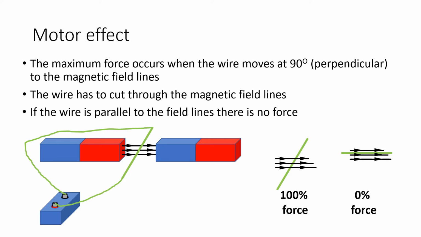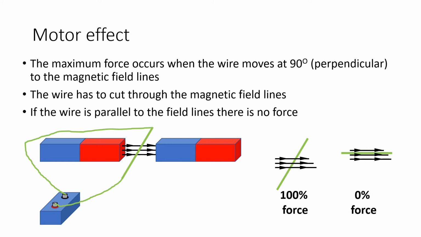If we have the magnetic field lines and the direction that the current is traveling in at 90 degrees to each other, then we will have the maximum amount of force, or 100% of the force that could have been generated with those particular magnets and that particular current.